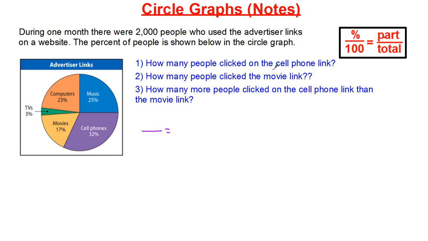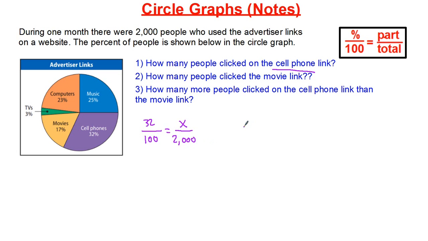So I'm talking specifically about the cell phone link. So for the cell phone link, we had 32%, and that's out of 100%. This side is the percent side. Now, this is my actual side with the actual numbers. I know for sure that there were 2,000 people here, all right? But I don't know how many people is 32% of 2,000, okay?